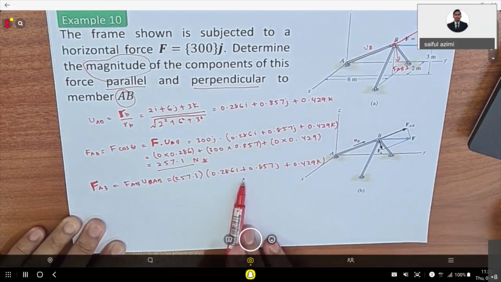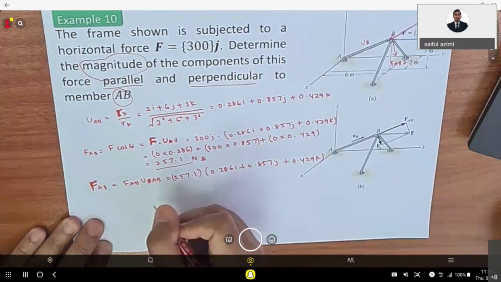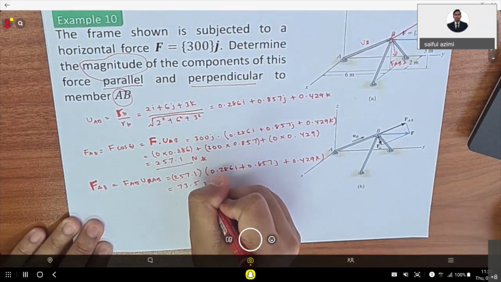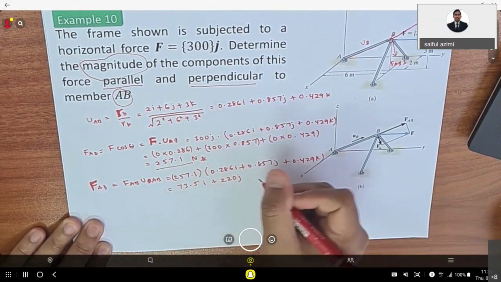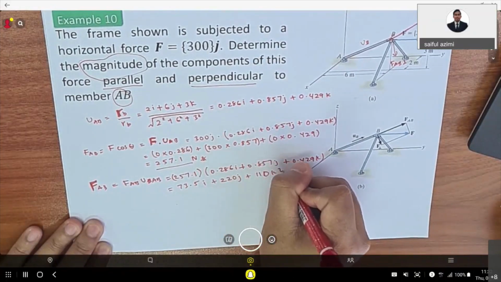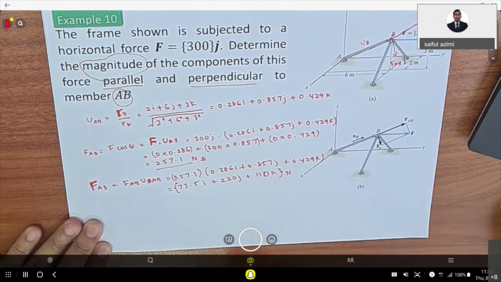Okay, so in order for you to find the vector of AB, you will get the answer of 73.5i plus 220j plus 110k. The unit is Newton.